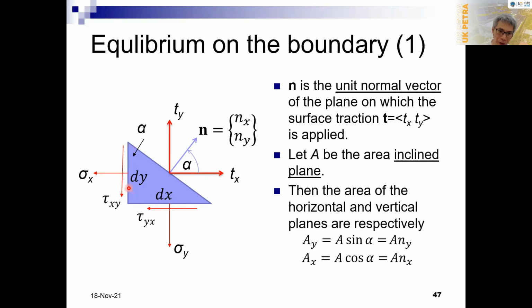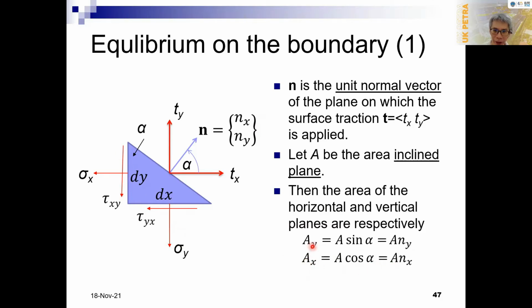This is the bottom edge. This is the left edge. The area is Ax, A cos alpha. In other words, because this is nx and ny, equal to cos alpha and sin alpha, we can write that Ay is A ny, and Ax is A nx.